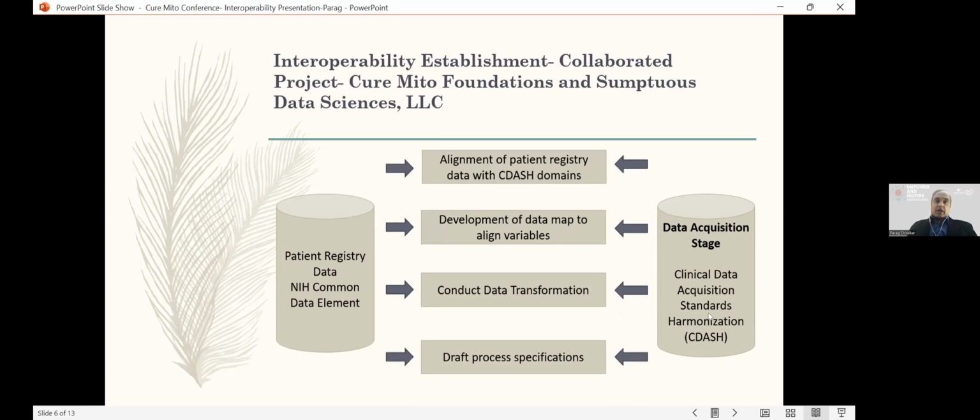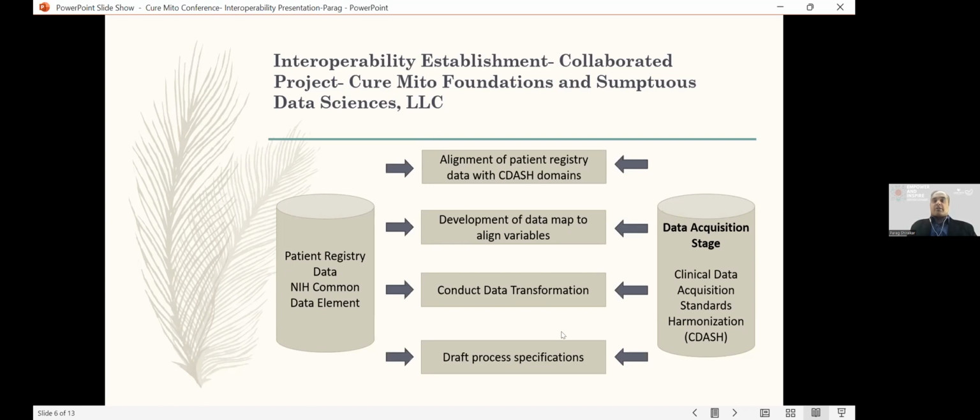The data in CDASH is collected in a standard format, like demographic data, concomitant medications, clinical findings, and so on. Whereas the patient registry data is questionnaire response, and that response has everything: demographic information, clinical finding information. But this needs to be segregated into different data domains when it comes to conversion to CDASH. So that's the first part.